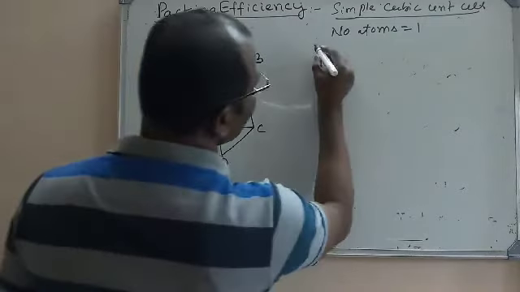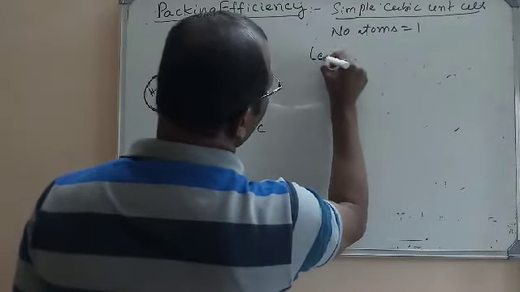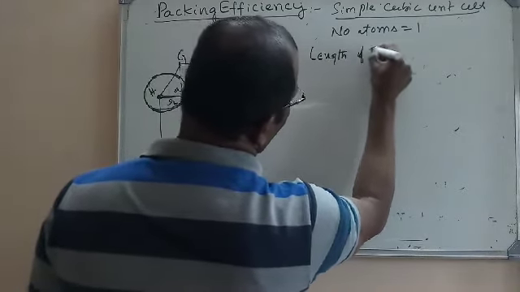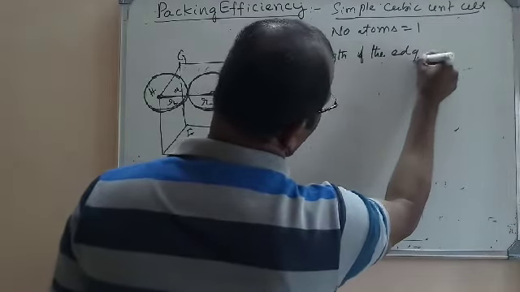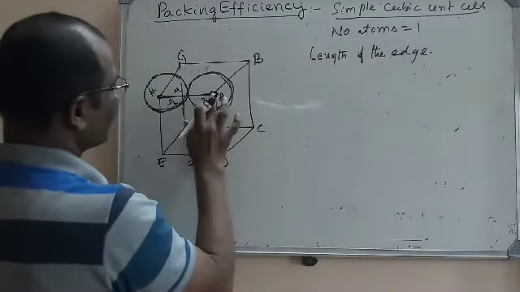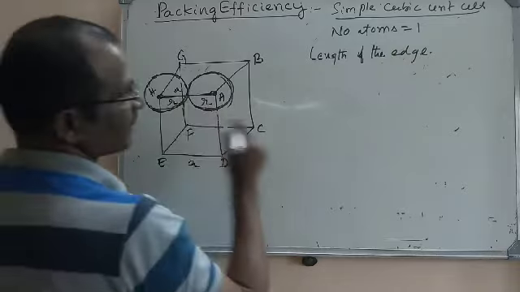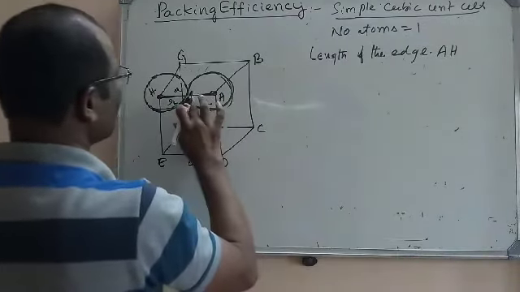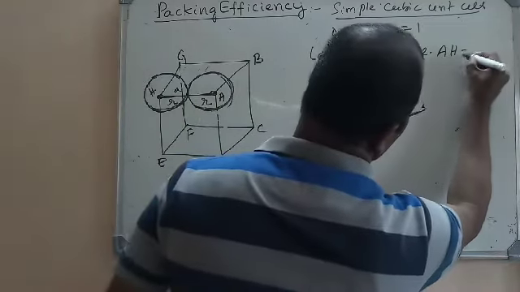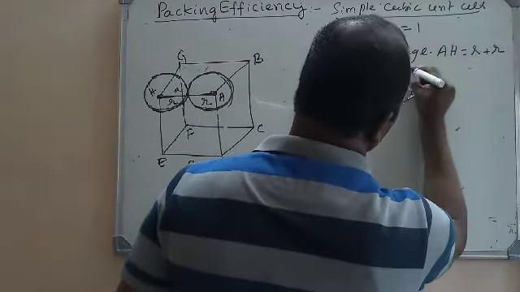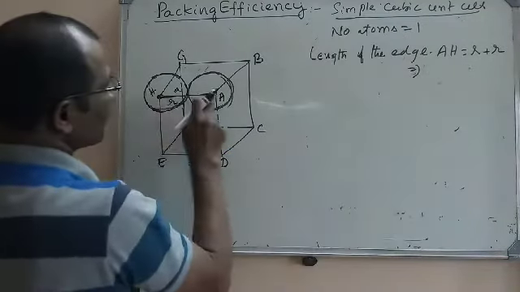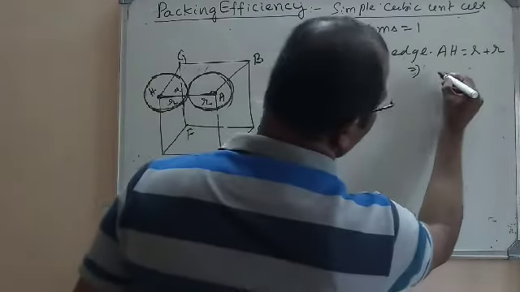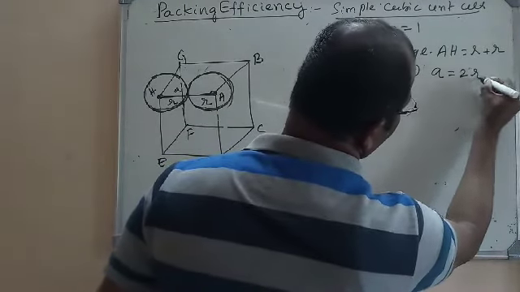So from the diagram, what is the length of the edge? AH is called the length of the edge. AH is equal to R plus R. But AH means nothing but the length of the edge A. That implies A is equal to 2R.